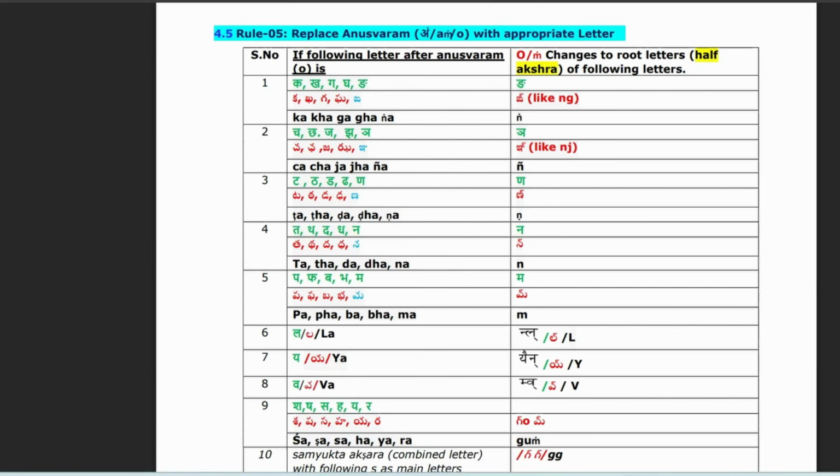One simple thing that I always try to remember is Kavarga. What is the last letter of Kavarga? It's Nya. So for any letter of the Kavarga, the sound changes to the last letter of the Kavarga.